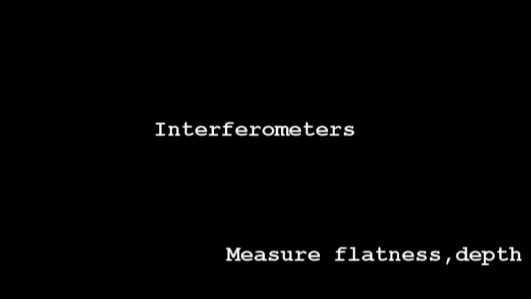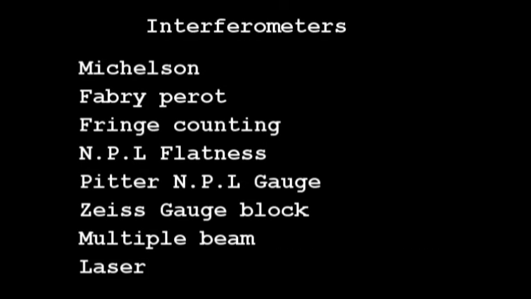Coming to this in detail, the types of interferometers. Various types of interferometers are Michelson interferometer, Fabry-Perot interferometer, fringe counting interferometer, NPL flatness interferometer, Pitter NPL gauge interferometer, Zeiss gauge block interferometer, multiple beam interferometer, and laser interferometer. These are the different types of interferometers.